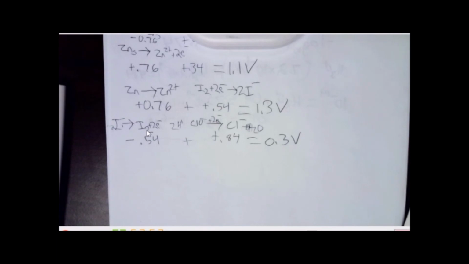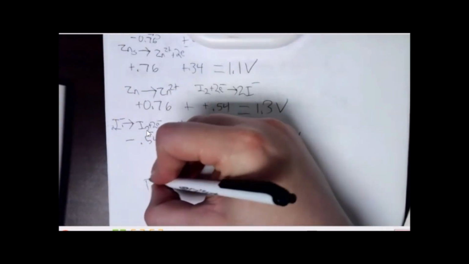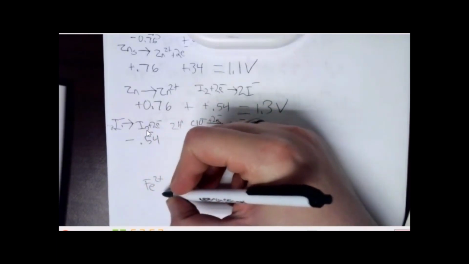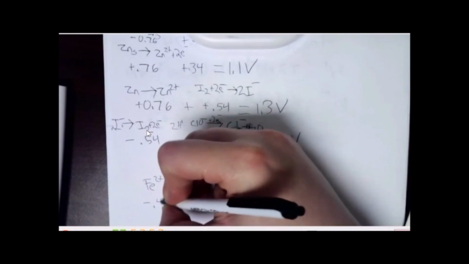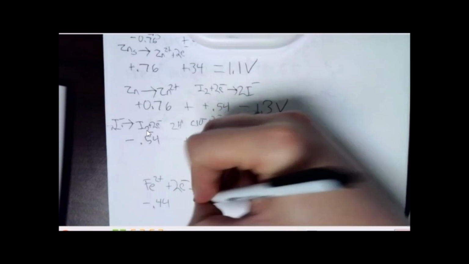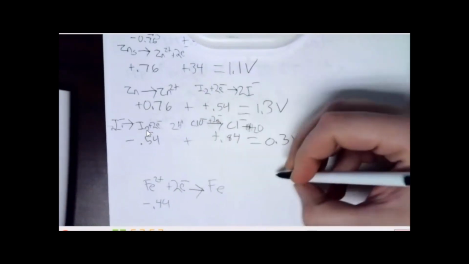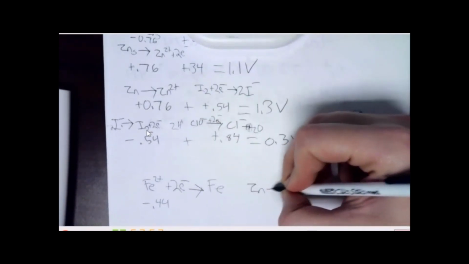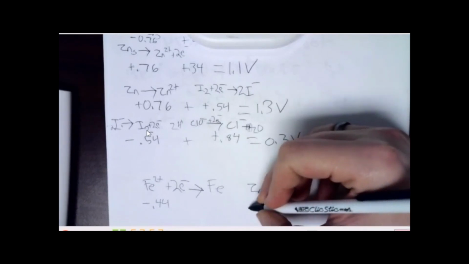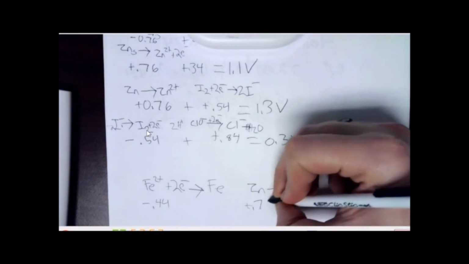One more example. When we mix iron and zinc, the galvanic corrosion, we're having iron 2 plus going to iron, which is negative 0.44. But we have zinc going to zinc 2 plus, which is positive 0.76.